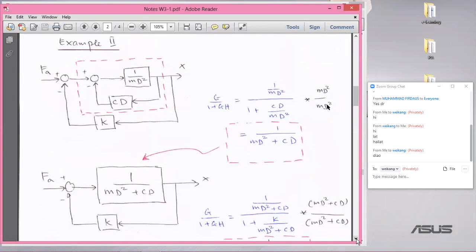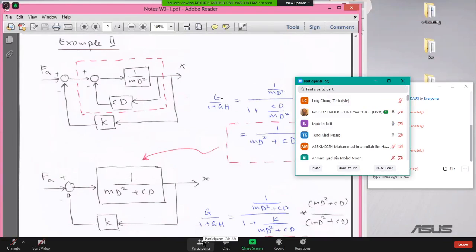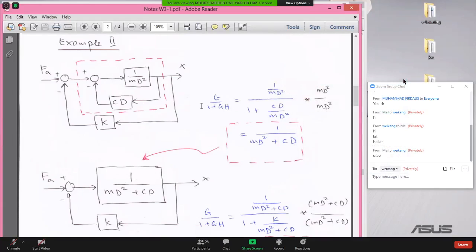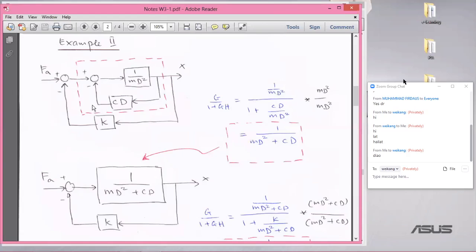Okay, so that is the idea of block diagram simplification. That feedback loop is now replaced by a single block. How do I get that? Because a feedback loop you can replace with G divided by 1 plus GH. In this case, G is 1 over md squared and H is cd. After you have done that, you see now this is another feedback loop.